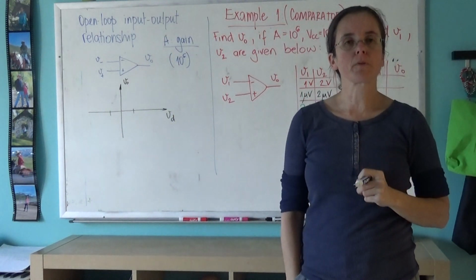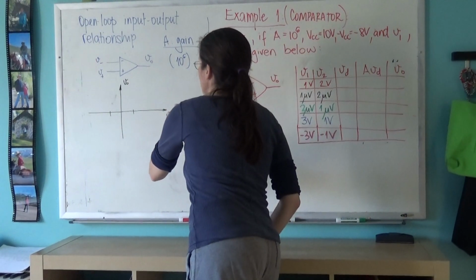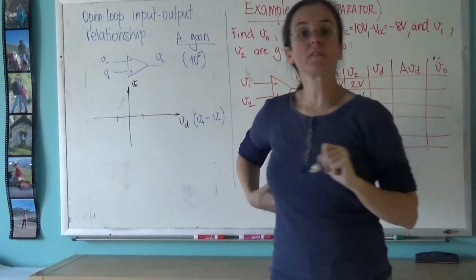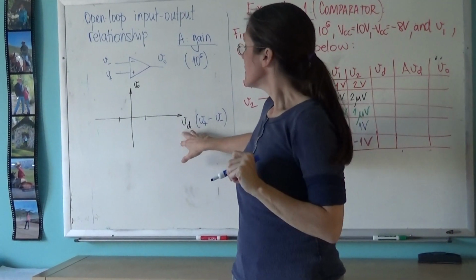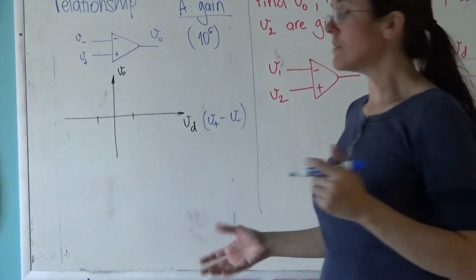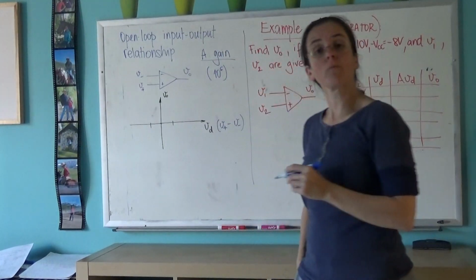I am interested in plotting the input, which is this VD, where VD equals the plus minus the minus, the difference in voltage, versus the output voltage. If it were zero, there would be no output, but that almost never happens.